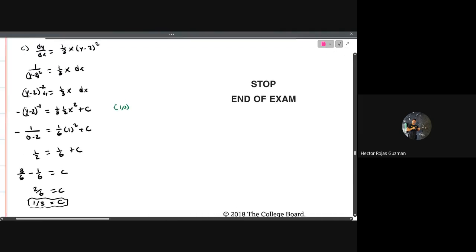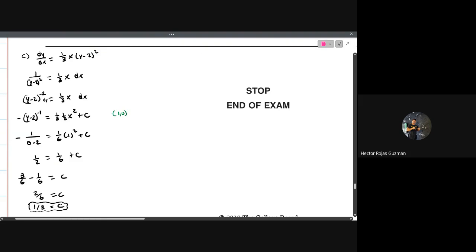And now that you have c, let me erase the condition here. Now that you have c, I'm going to go back to the step when I took the antiderivative, but I'm going to write it like this. And we're going to plug in our c that we just found. Okay. First, I'm going to get a common denominator. Multiply the 1/3 by 2 over 2. Next, I'm going to multiply both sides by a -1, but I'm also going to combine the fraction.